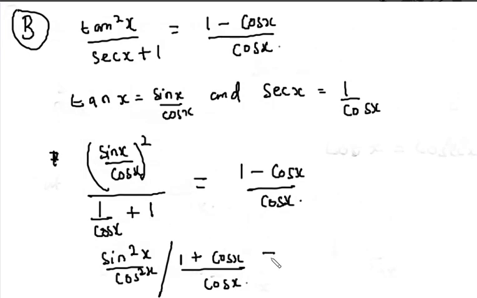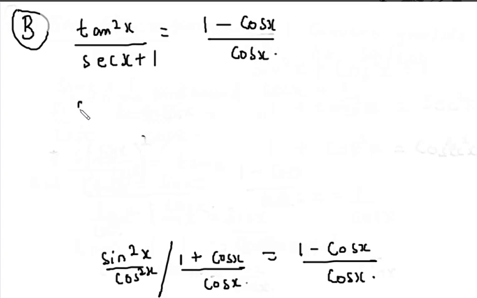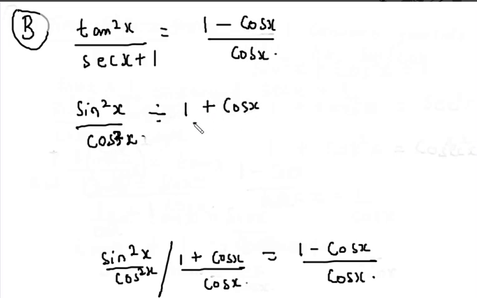So this is equal to 1 minus cos x divided by cos x. We can now say sine square x over cos square x divided by 1 plus cos x over cos x, and this is equal to 1 minus cos x over cos x.